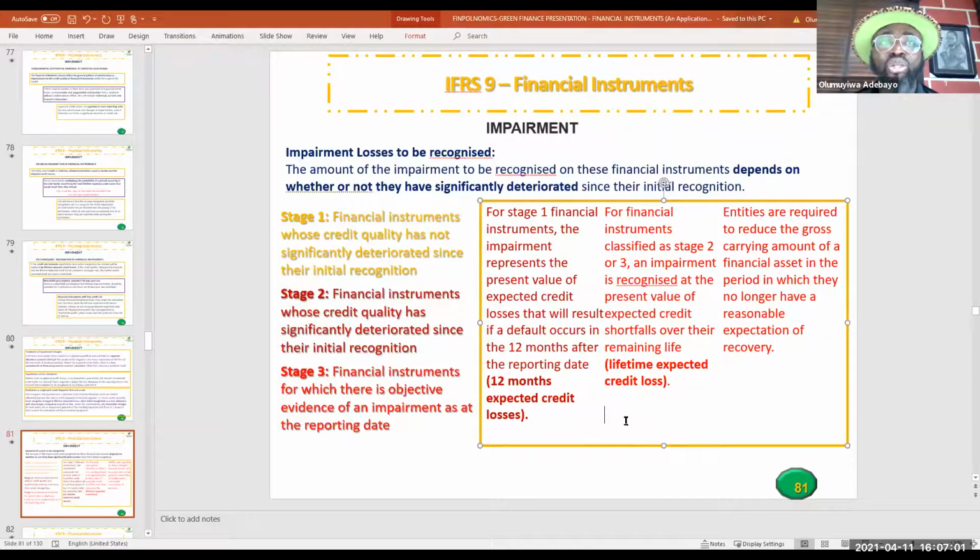Therefore, every loan acquired by AMCON is not a good loan, it's a bad loan. And such loans that are bad at origination by way of purchase by AMCON are known as credit impaired financial assets at initiation. I repeat, credit impaired financial assets at initiation.